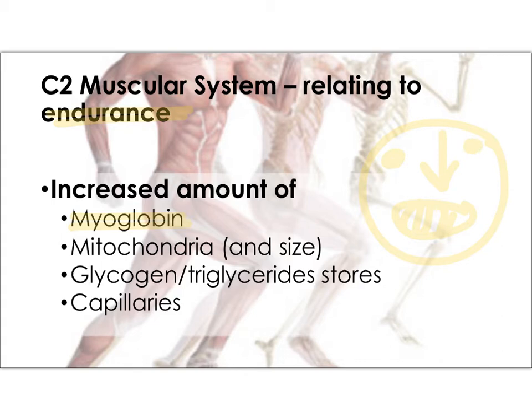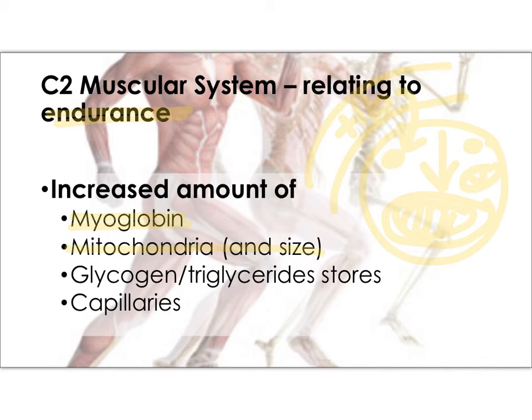So the haemoglobin drops off the oxygen and it goes to this myoglobin. Now if you remember again from section A7, you'll remember that myoglobin has a really high affinity for oxygen, so oxygen can travel across. We've got more mitochondria, and now the size is even bigger, so we might have more of them in muscle cells, and they've increased in size.